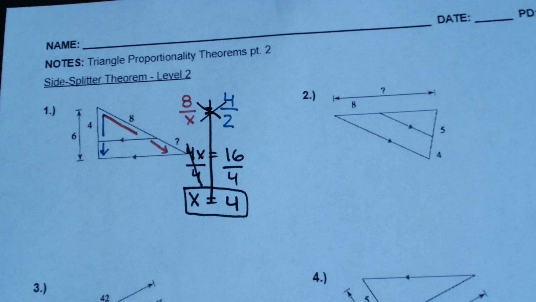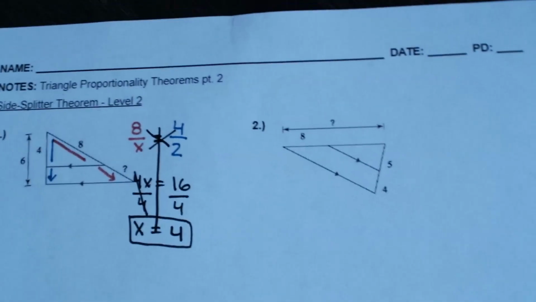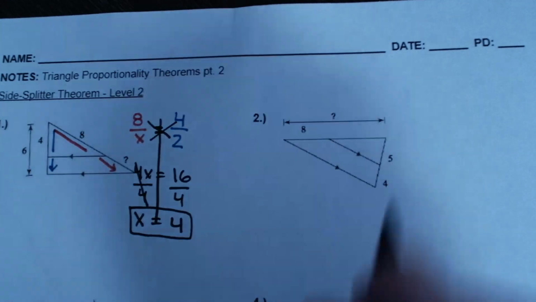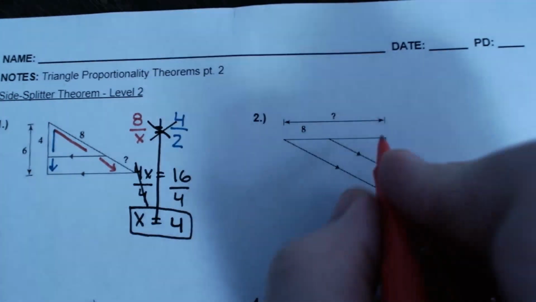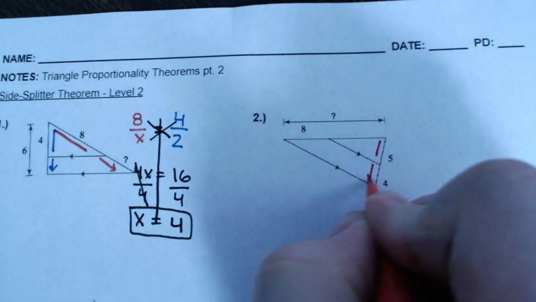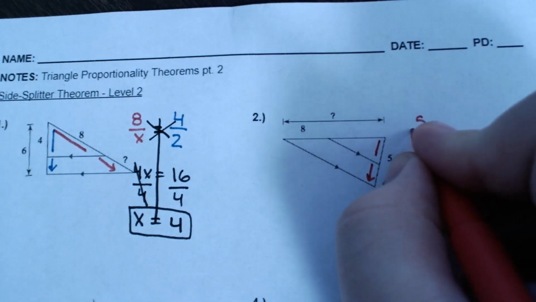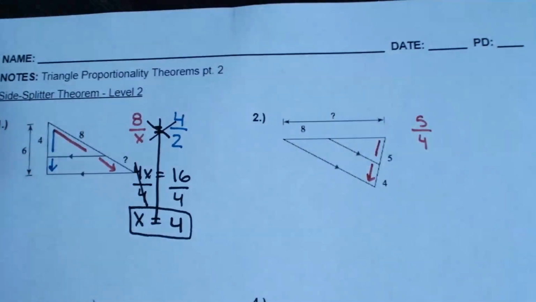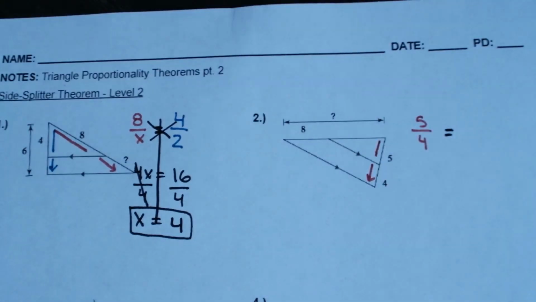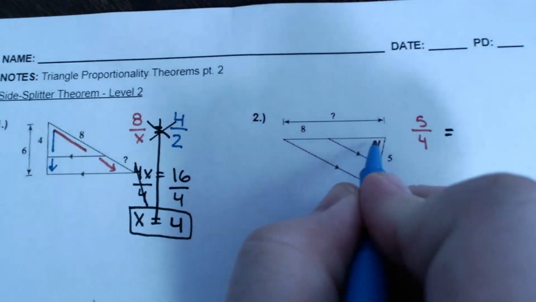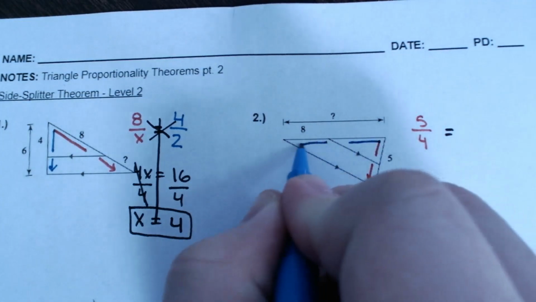Okay, number 2, there's a problem with it. We can get the answer, but to actually get the answer, we need to get something else first. So, the proportion that I set up is going to be 5 over 4 equals, well, it would be this over 8.